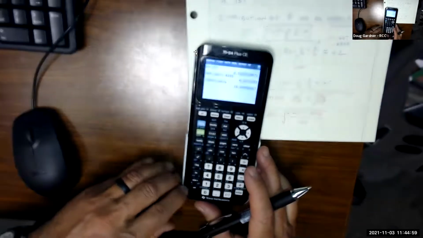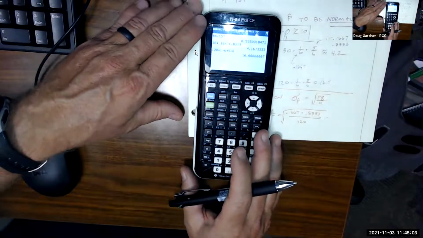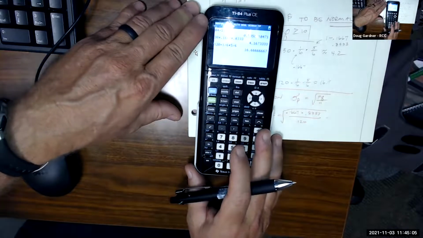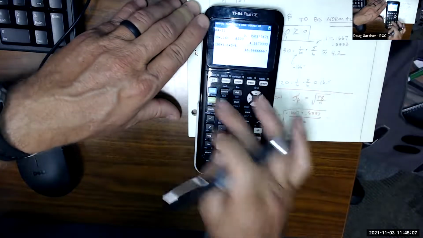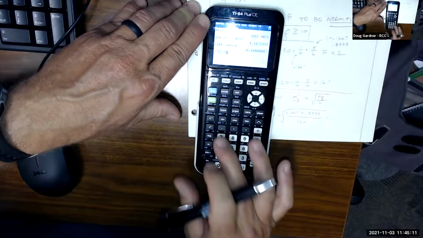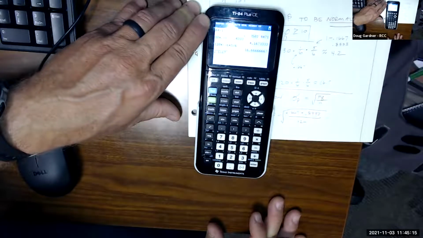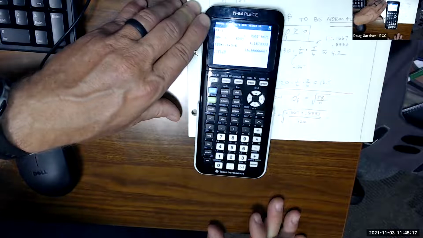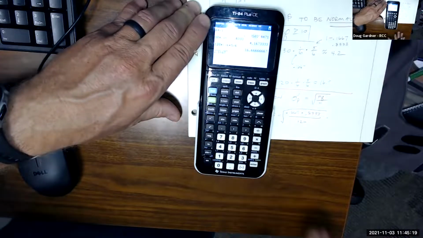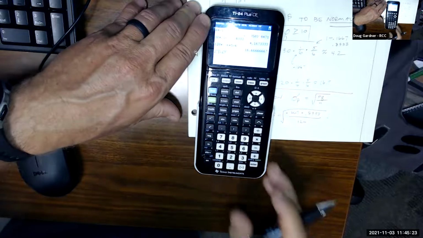Fortunately, I can just type what it says. The square root of 0.1667. Do you agree I'm rounding that off? Because it's actually 0.1666666. Did you see that on your calculator? I hope this is accurate enough.